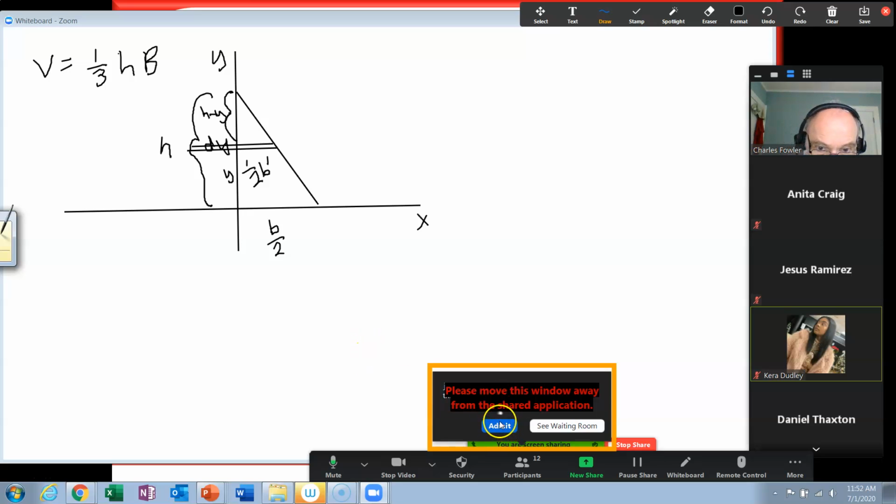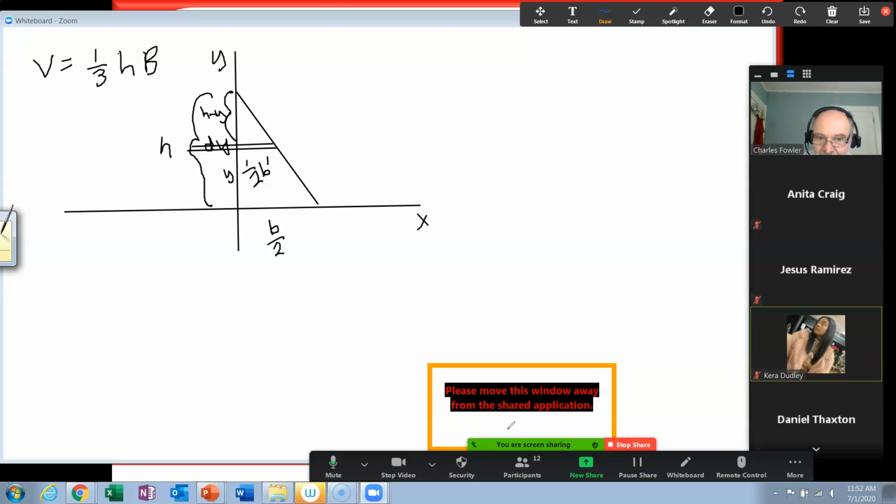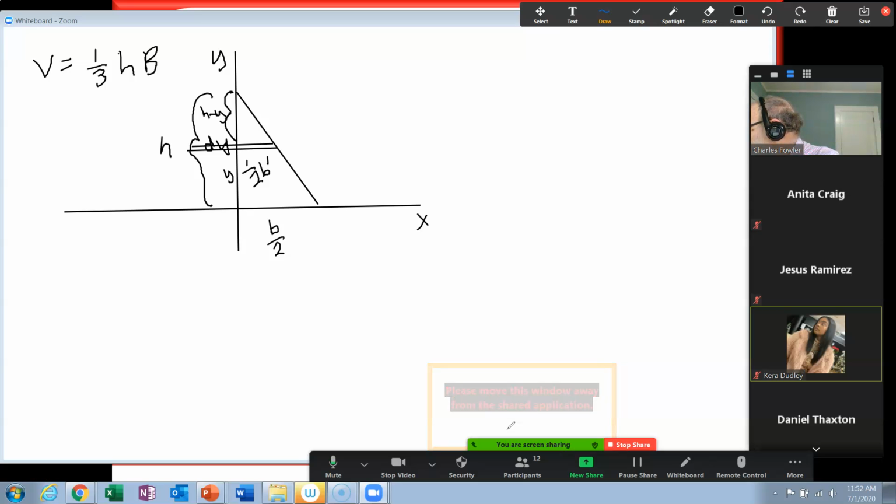Can anyone see this? It blocked me out. It may have been Jemanuel again. Jemanuel, did you make it in the first time? We're up to 11. I think that must have been Jemanuel coming in.